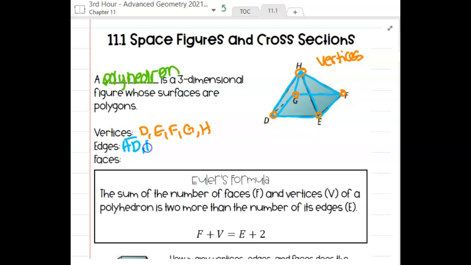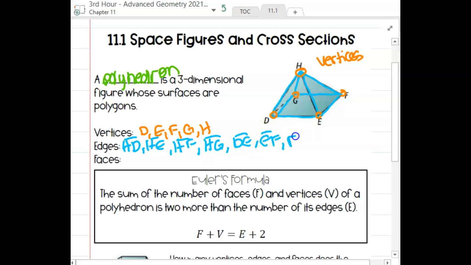We could do HE, HF, and HG. So that would be the 4 edges coming down, but then we would have the 4 edges along the bottom as well. We would have DE, EF, FG, and GD. All 8 of our edges.